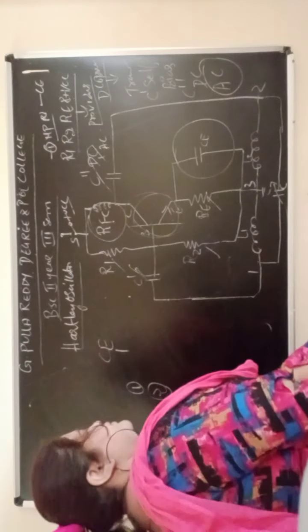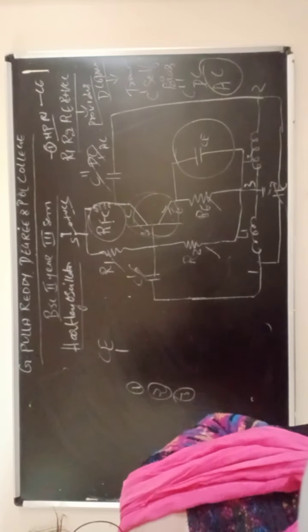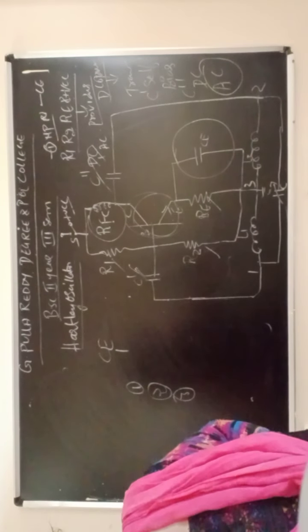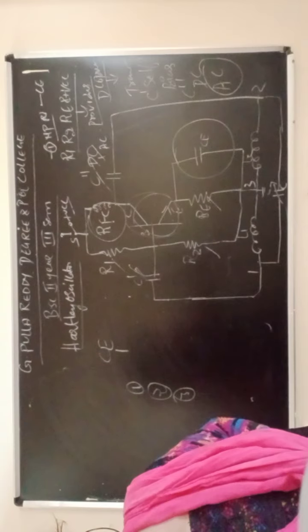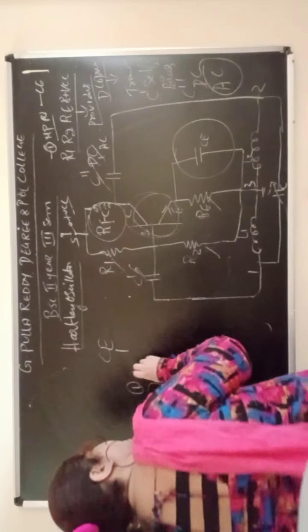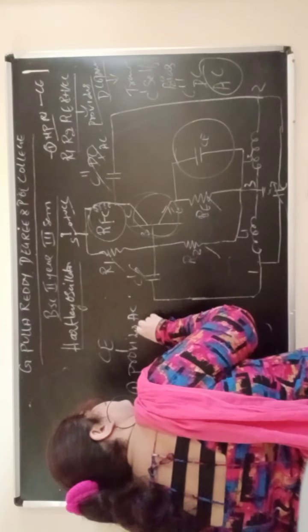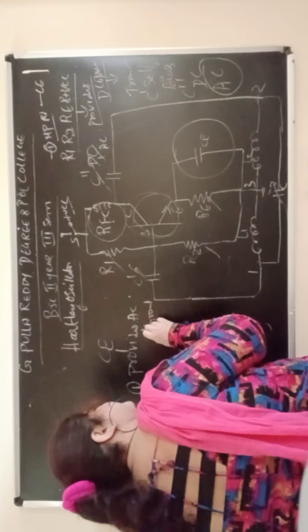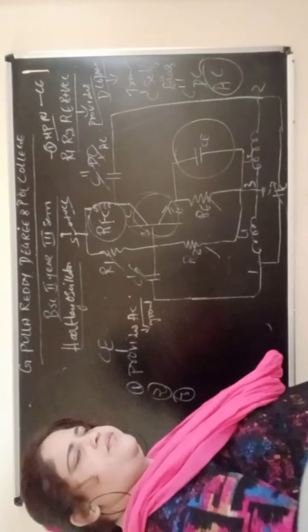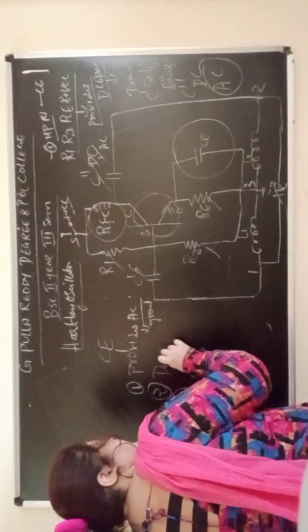CE provides AC to ground. That means it will send the extra AC to ground, and it will not allow the circuit to become degenerative.